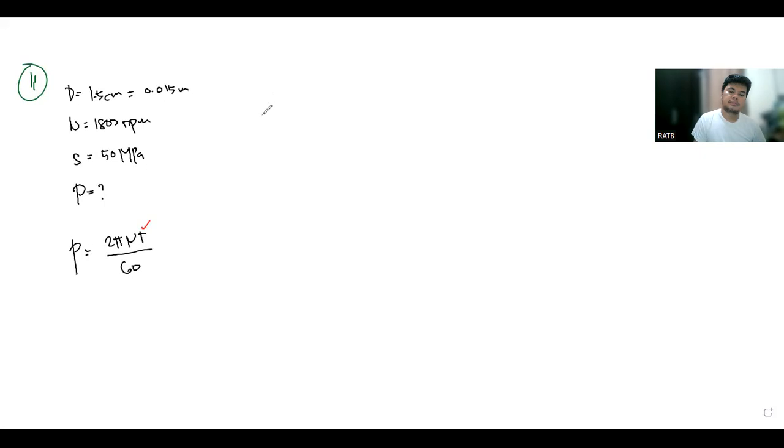So S is equal to 16T over pi d cube. So we can have 50 times 10 to the power of 6, that's equivalent to 16T over pi times 0.015 cube.